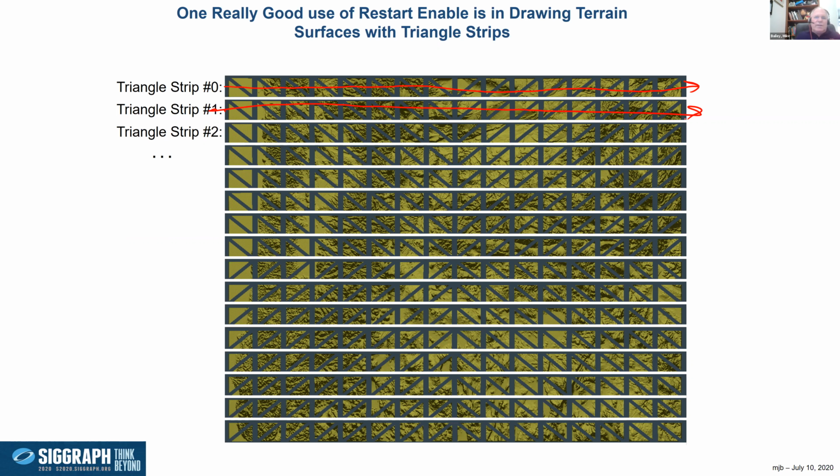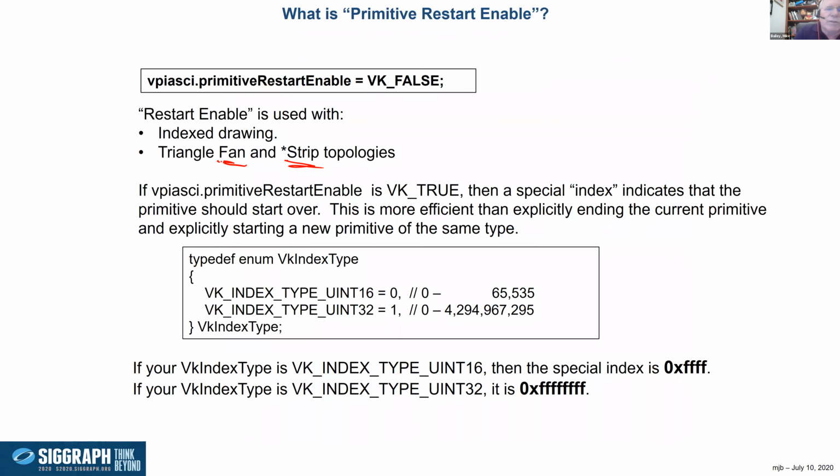And so to do this, it looks like we really need to create hundreds of separate triangle strips. Wouldn't it be cool if we got over to this edge, we could wrap around and start this row, and then wrap around and start this row, and put it all in one big triangle strip? Well, you can't, but that's what restart enable is for.